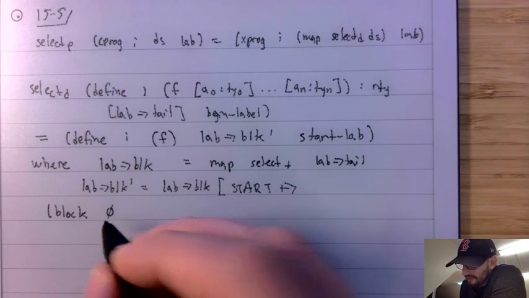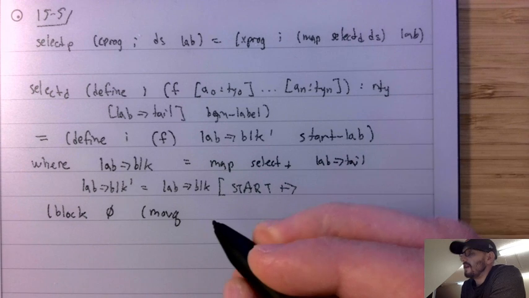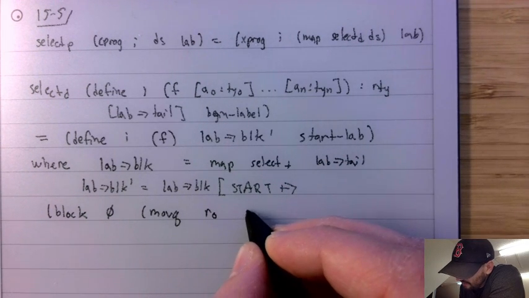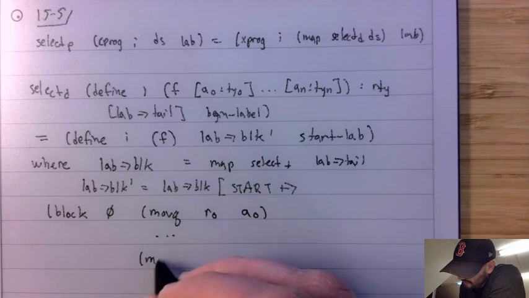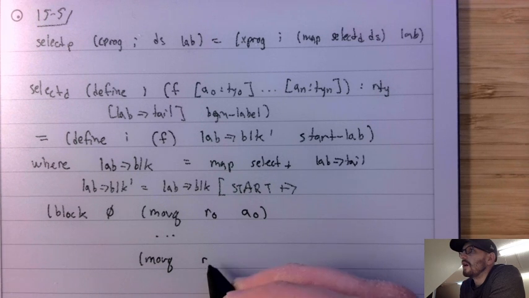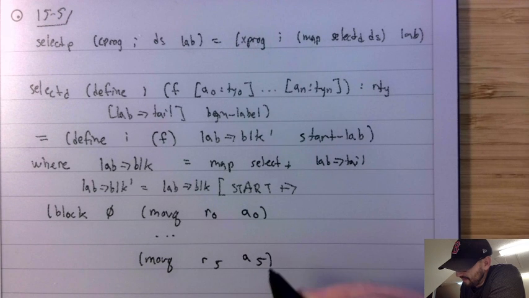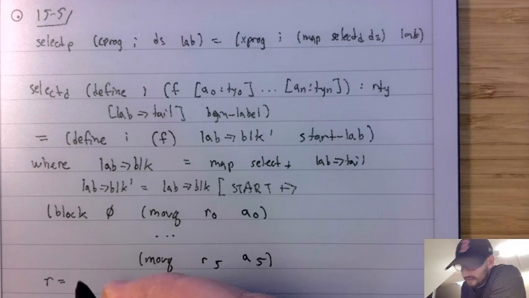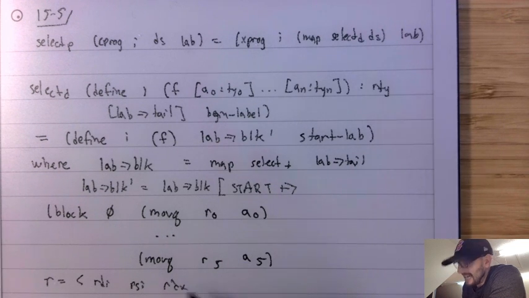It's going to have some info, and it's going to do a move queue of R0 to A0 up to move queue R5 to A5, where R is the vector that says the order of the arguments. So it would be RDI, RSI, RDX, RCX, R8, and R9.